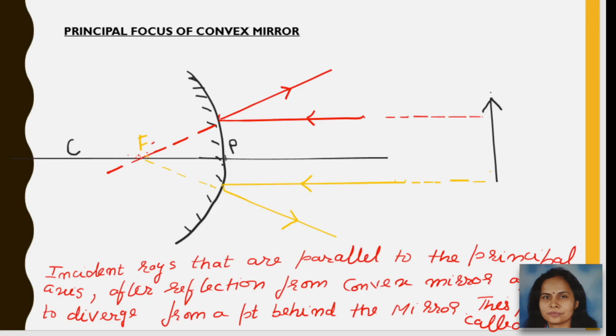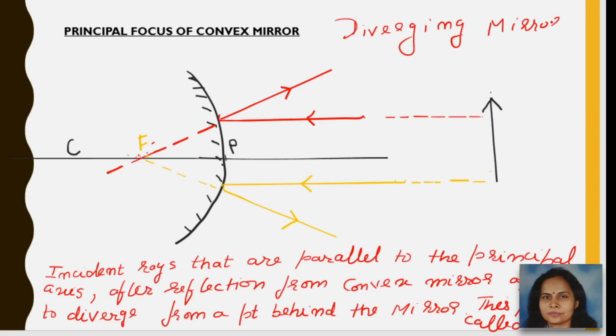So how can we define this? Incident rays that are parallel to the principal axis, after reflection from convex mirror, appear to diverge from a point behind the mirror, and this point is called the principal focus of convex mirror, right? And since they appear to diverge from a point, that's why this mirror is known as the diverging mirror, right?